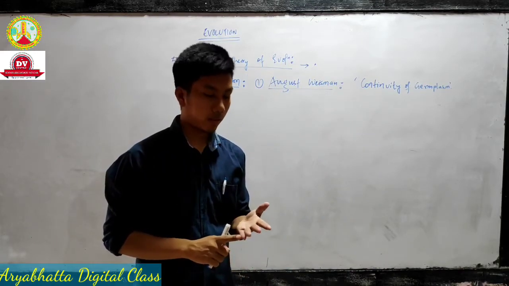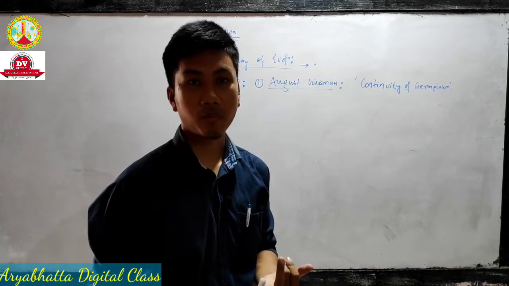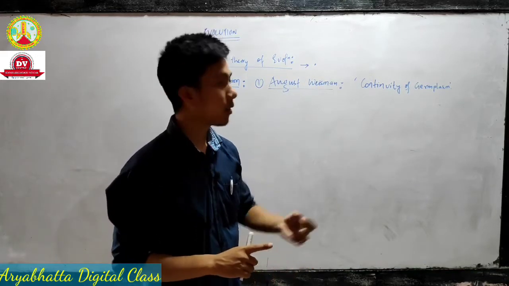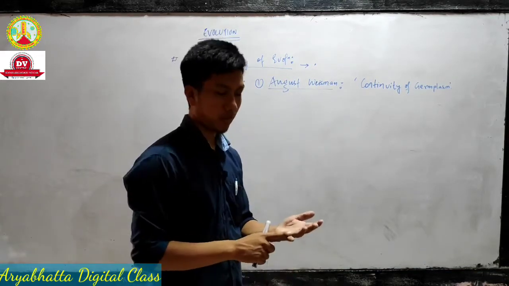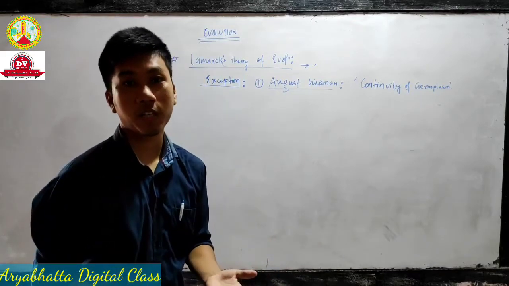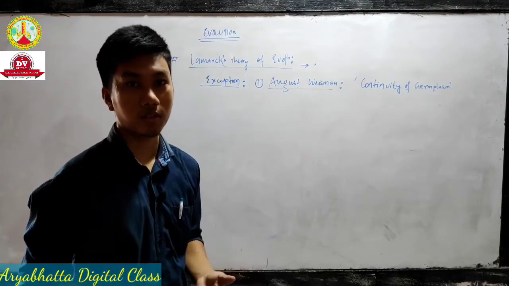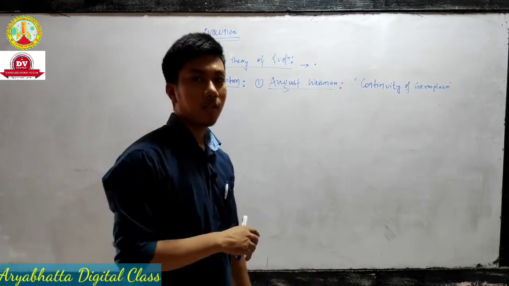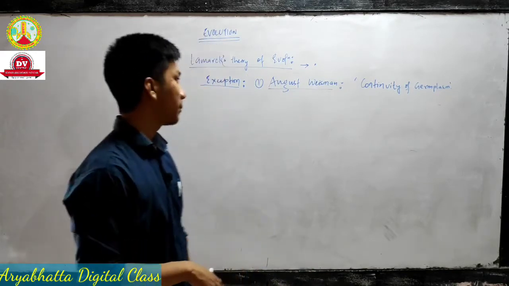The question comes like that. Continuity of germplasm was given by which scientist? So they will give you 4 options as well, like that only. So theory of inheritance of acquired characters is given by which scientist? 4 options again. So you should be very specific.